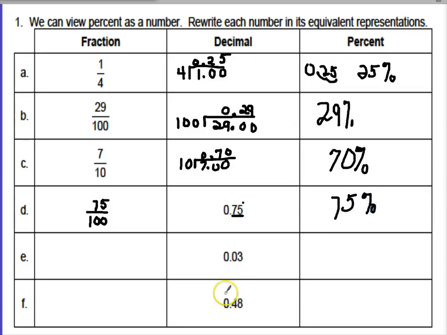Nice. Well, let's look at this one. I have 0 decimal point 03. I don't have a fraction, and I don't have a percent. Remember, you're going to count the place value positions. You're going to start after the decimal point. Tenths, hundredths.